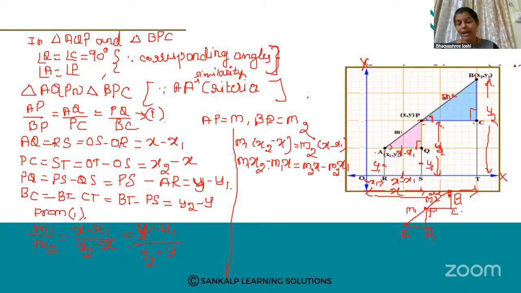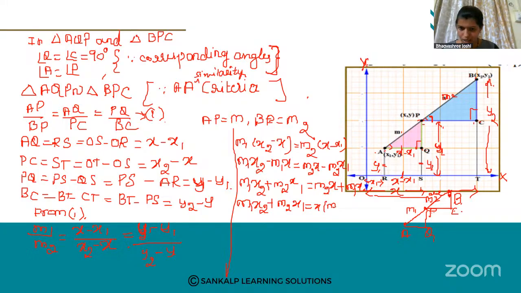Now let us take X to one side, and X2, X1 to one side. M1 X2, transfer this M2 into X1 to this side, plus M2 into X1 is equal to M2 into X, transfer this M1 into X to this side, plus M1 into X. Now M1 into X2 plus M2 into X1 is equal to, here X is common, right?